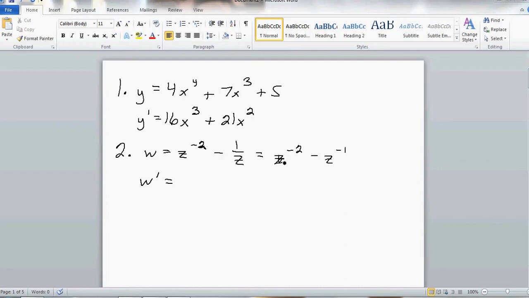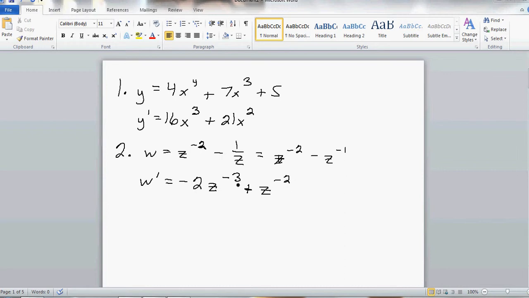W prime says take this exponent, multiply by the coefficient, and there's an implied 1, so that's going to be negative 2z, and then subtract 1 from that, we get negative 3. Take negative 1 times the negative 1, that becomes a positive 1, positive z, raised to, well, once again, subtracting 1 from the negative 1, we get negative 2.